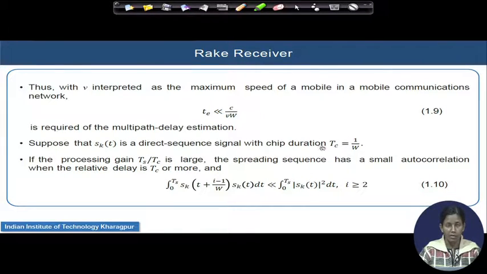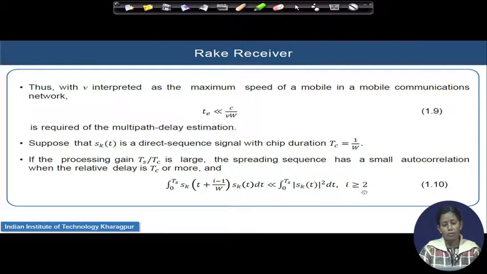If the relative delay is itself T_c or more, then the autocorrelation will be very small, and hence in this situation it can be written that, if I shift the symbol by each delay and multiply both over 0 to T_s, the symbol duration, then it is always less than or equal to the actual signal squared, for i greater than or equal to 2.